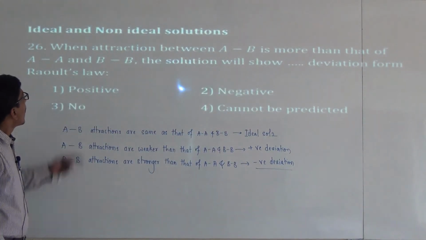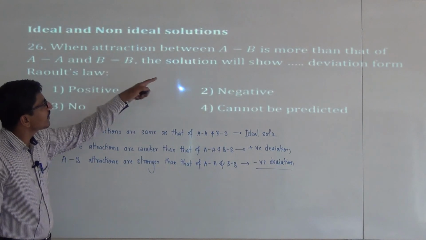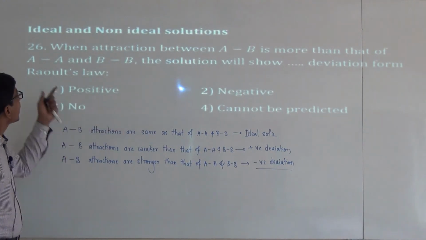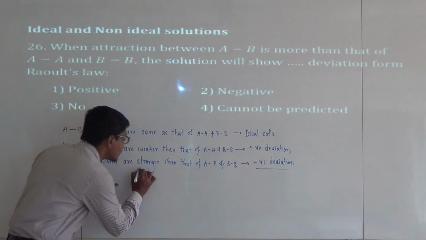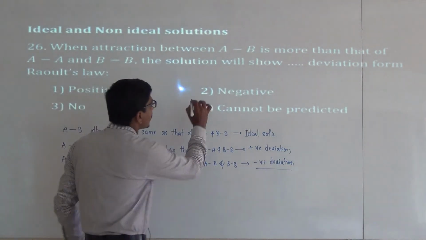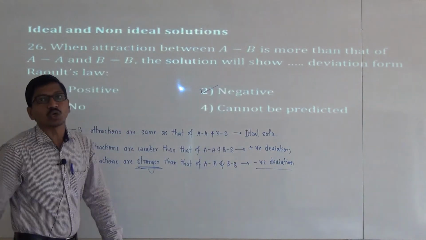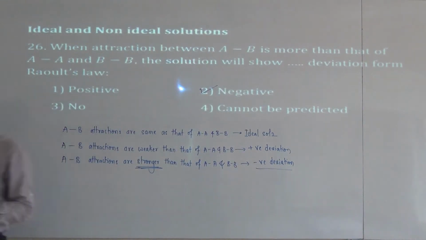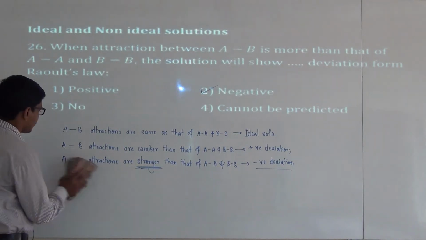In the above question, when the attraction between AB is more than that of AA and BB, more than means stronger attractions, and this shows negative deviation from Raoult's law.